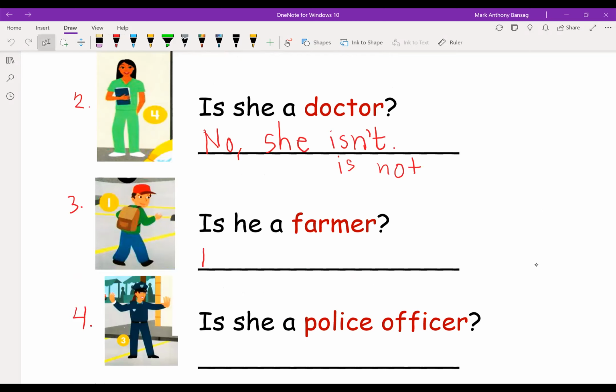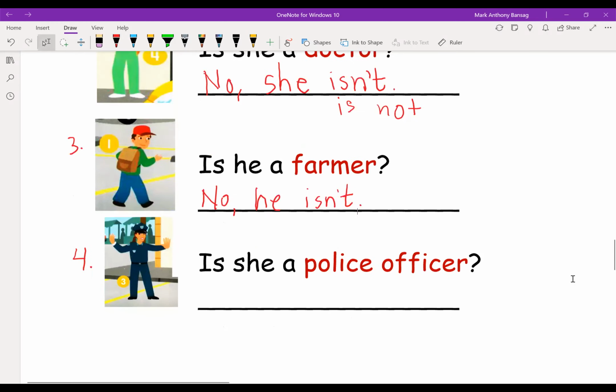No. So no, he isn't, or no, he is not. And for number 4, is she a police officer? The answer is yes. So yes, she is.